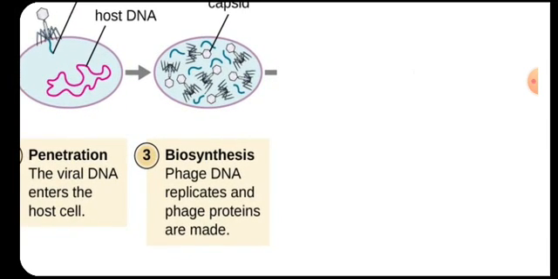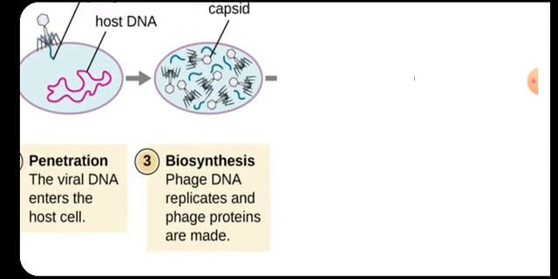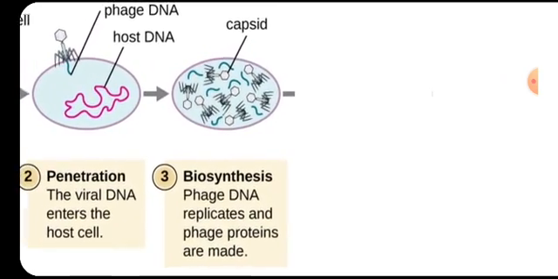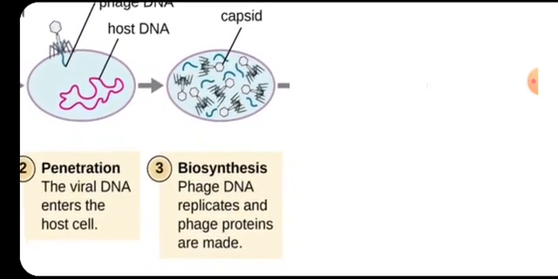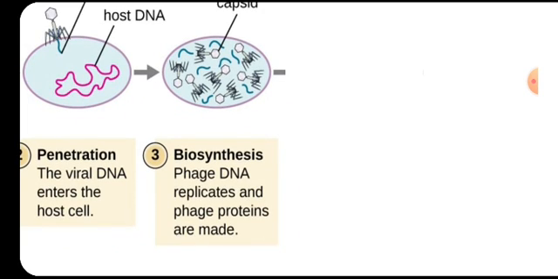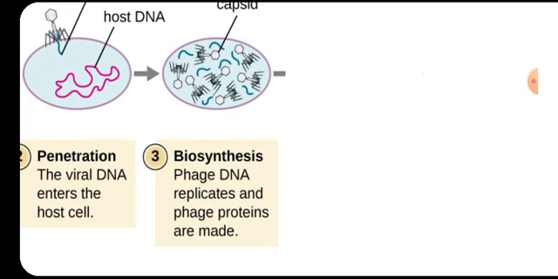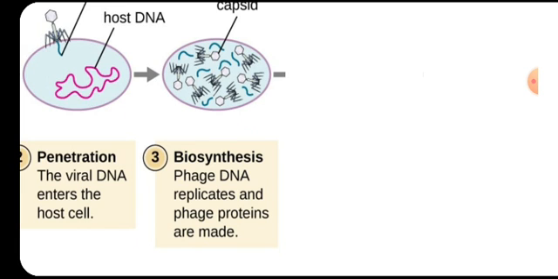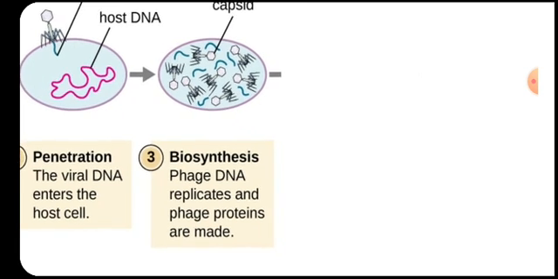Then the third step is biosynthesis. So this DNA which has entered inside the bacterial cell undergoes transcription, that is synthesis of mRNA. So for this synthesis, bacteria's RNA polymerase is used.